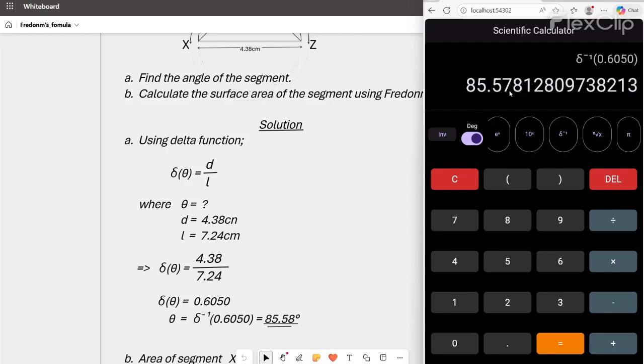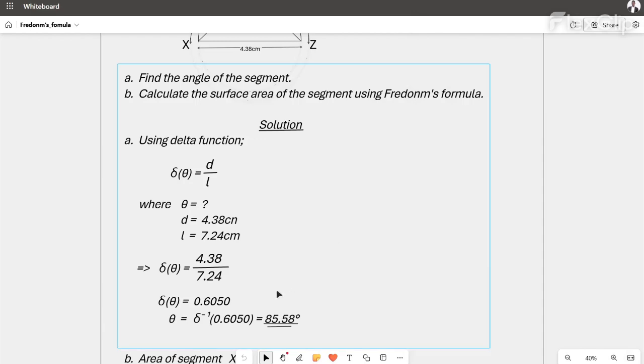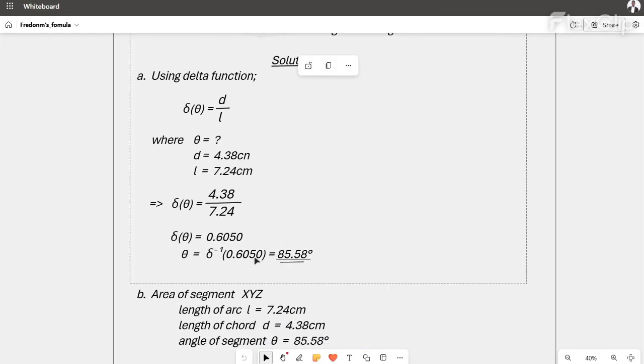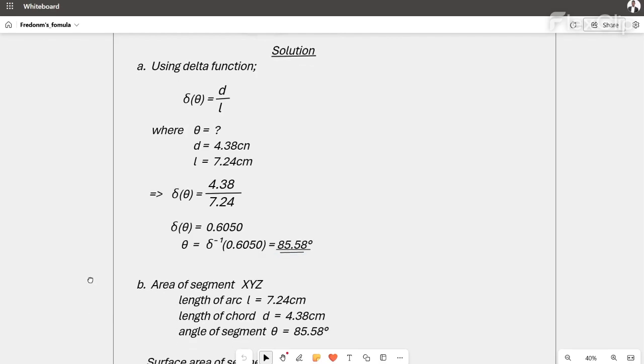If you correct it to two decimal places, it will be 85.58 degree. So that is it, as you can see from our beautiful calculator here. Therefore theta is equal to 85.58 degree.